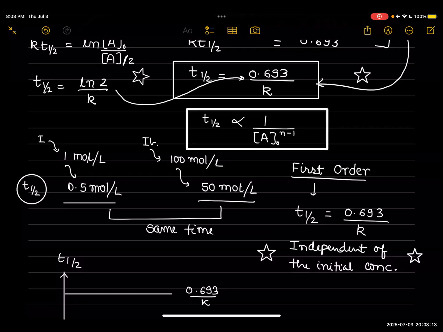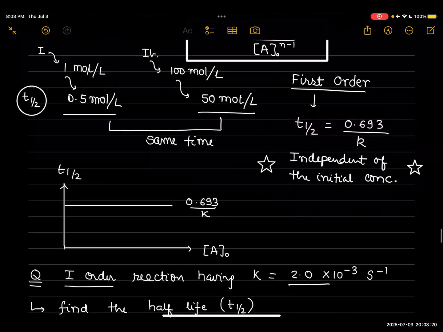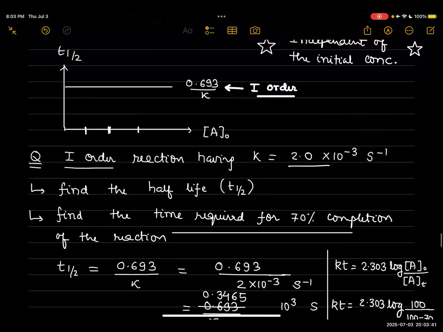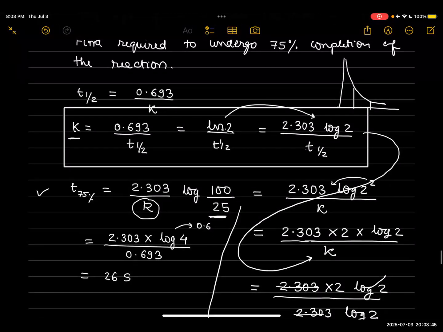For the first order reaction, n is 1, so the power becomes 0, and it doesn't depend on how much you take in the beginning, right? Half-life for the first order reaction remains the same, 0.693 by K. We did a lot of examples about the half-life in the last class.